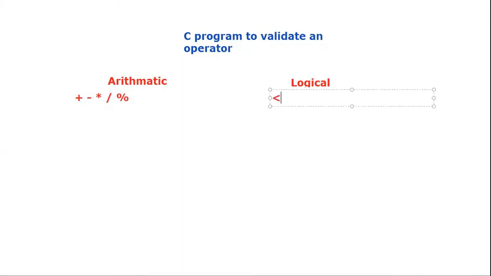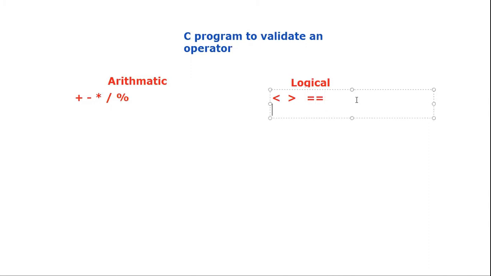smaller than, greater than, then we have equal to, and then we have smaller than or equal to. Sorry, let me just write it in the next line. Okay.